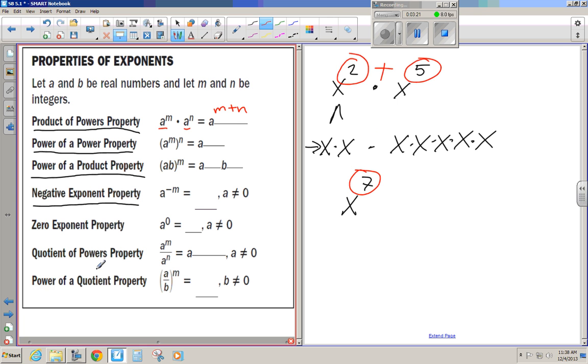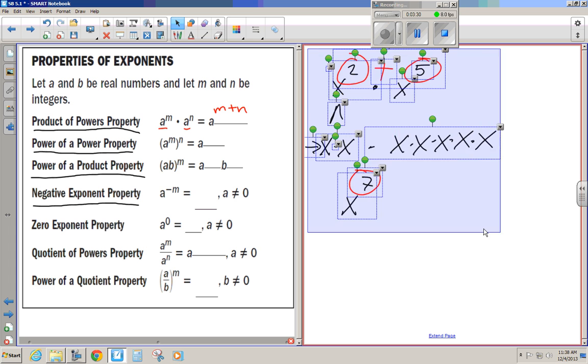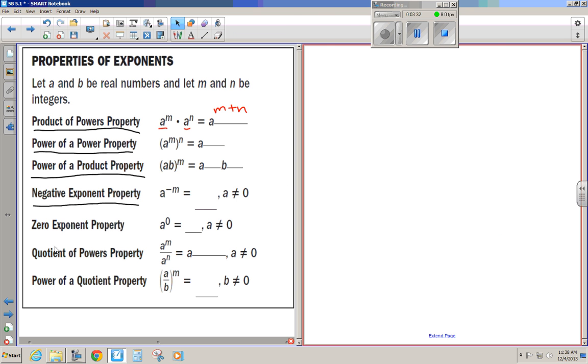Power property. The power property basically has 2 powers. We'll use another example. If we had x squared, cubed, this would mean that we have x times x, and we would do that 3 times.